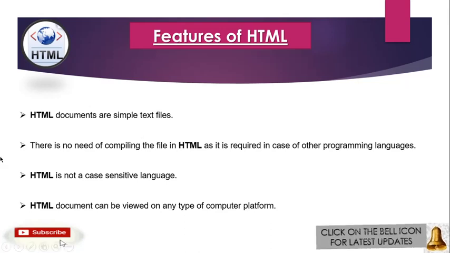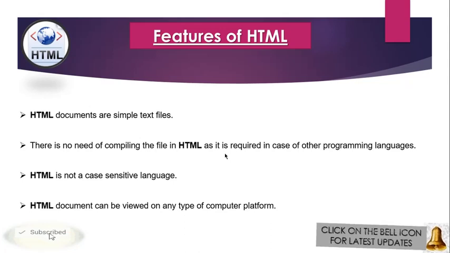Second, there is no need of compiling the file in HTML as it is required in case of other programming languages. What is the meaning of this sentence? As you can see in C, C++, Python, Java, these are the programming languages where we need to compile our code.